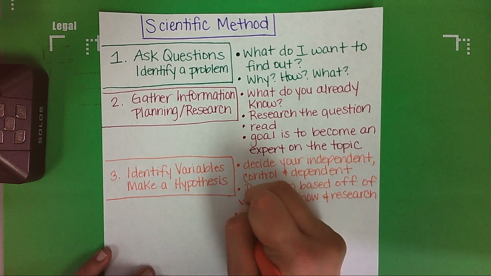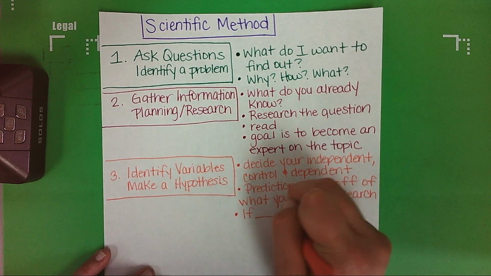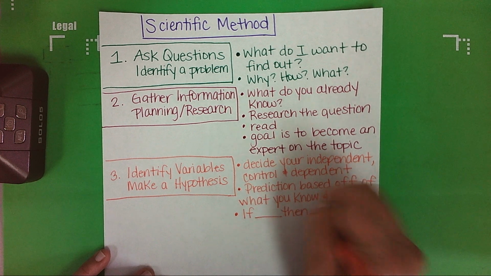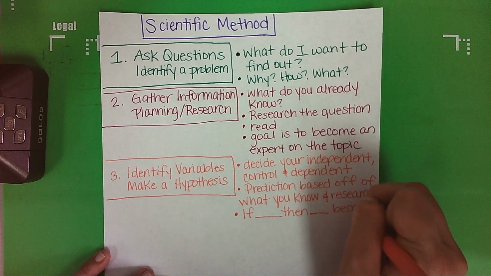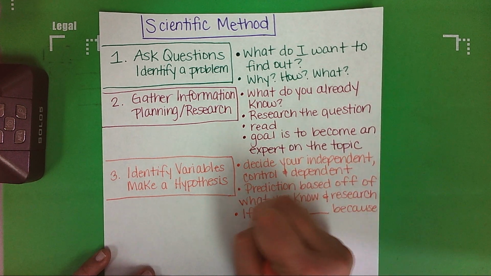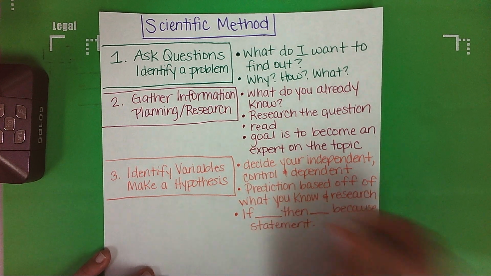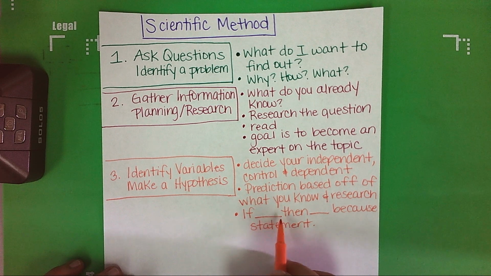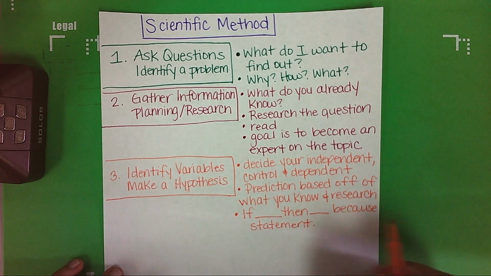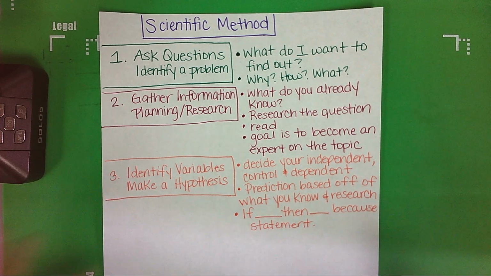So you're going to use an if, then, because statement. Okay, so if the amount of sunlight is changed, then the plant height will be affected because, and that's where you support it with your research. That's how all of that kind of works together.